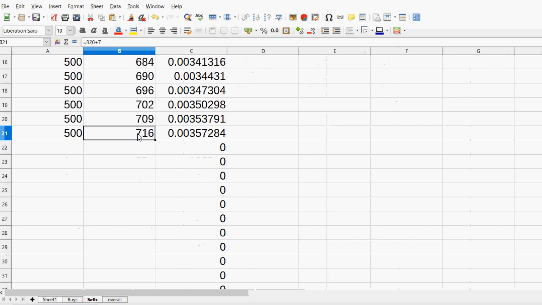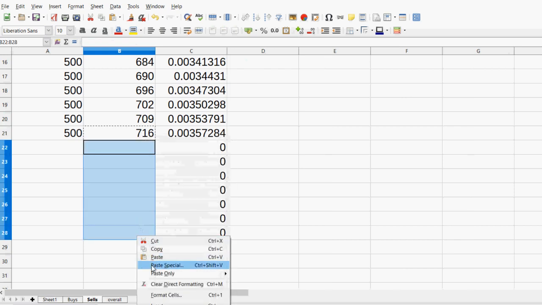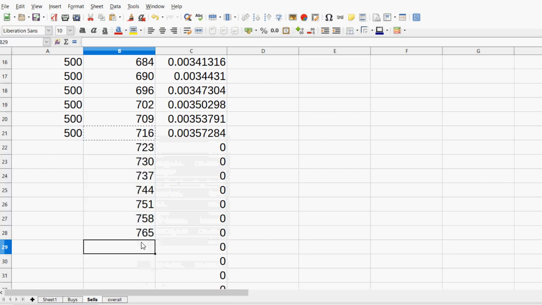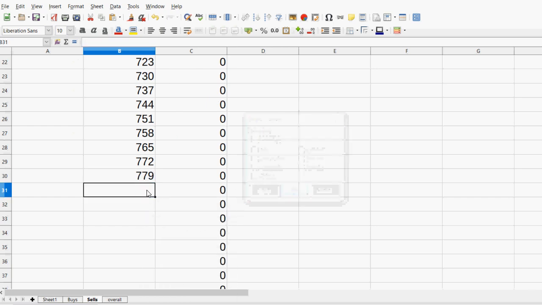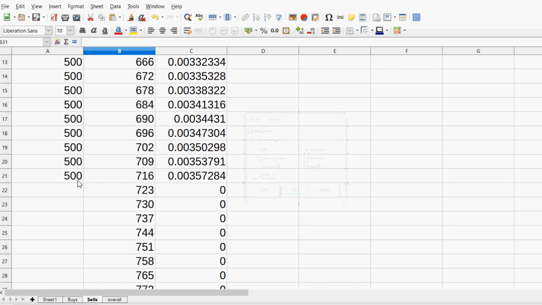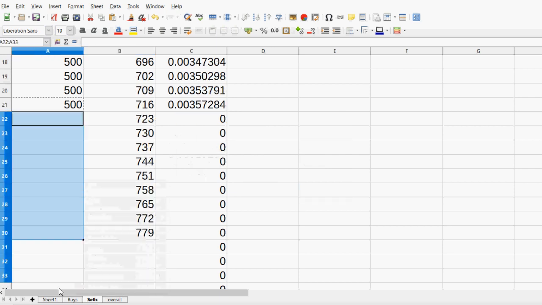So 785 was the high, so we'll just copy and paste this till we get to that point. And of course, if we had 786, that one would not have hit. And 500 is shot again.